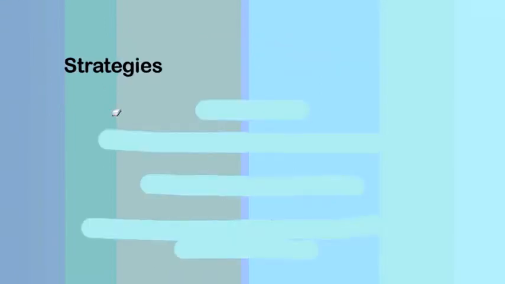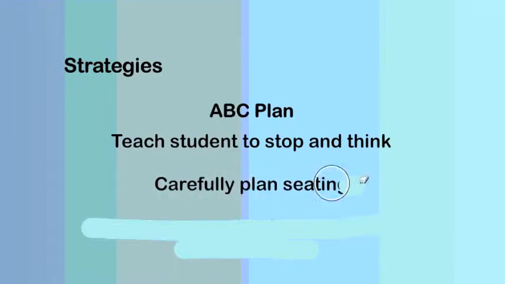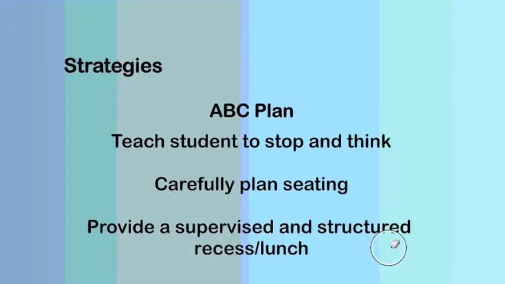Strategies for dealing with this behavior include starting with the ABC plan, teaching the student to stop and think, carefully planning seating, and providing a supervised and structured recess or lunch. Let's see what it might look like if the teacher uses one of these strategies.